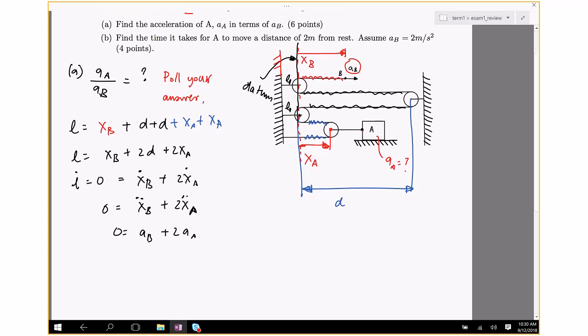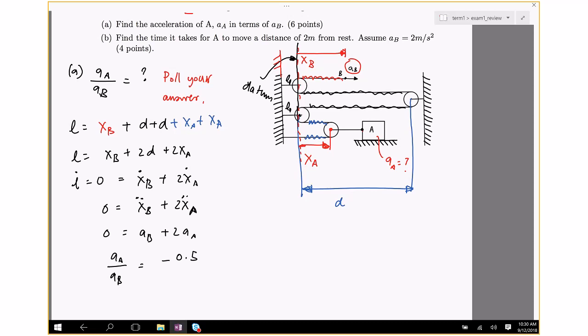So the ratio of AA divided by AB is going to be negative 0.5, half, yeah. Okay, is that clear? D goes away because it's constant.